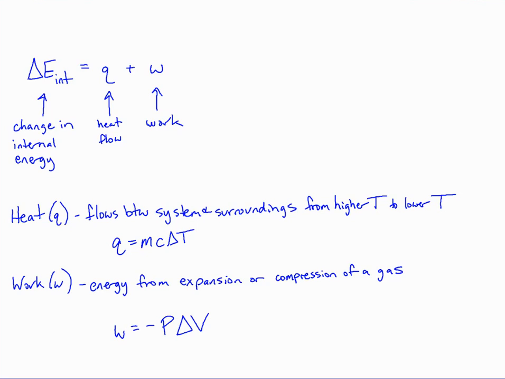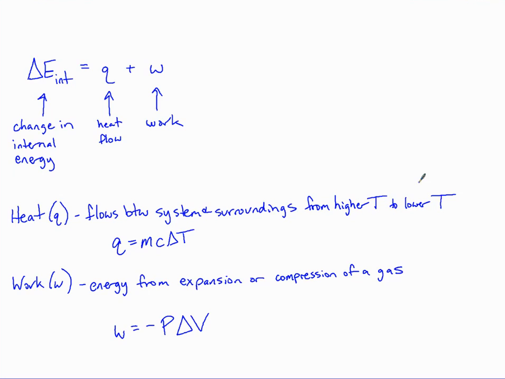So let's talk about heat. Heat is represented by the symbol Q, and heat flows between the system and surroundings in a specific way. It specifically flows from a place with a higher temperature to a place with a lower temperature.